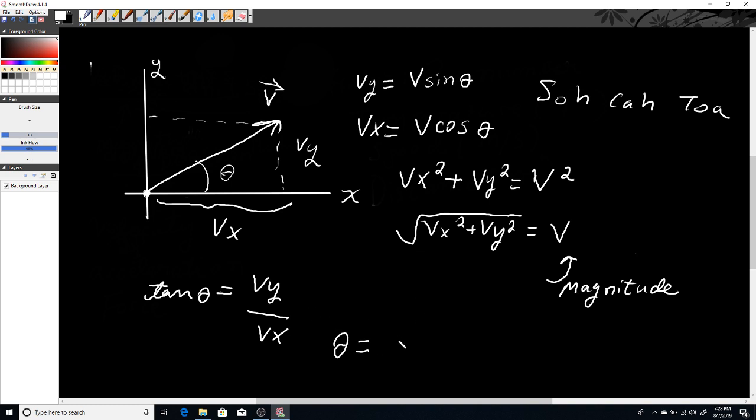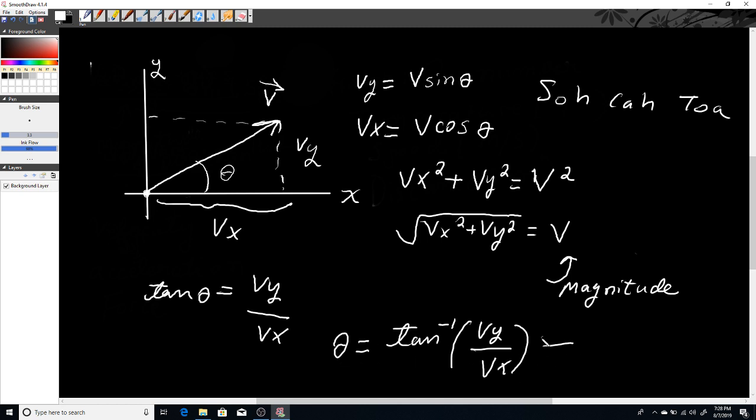But in this case, the angle, which represents the direction in which the vector is pointed at, or like if it represents motion, it's the direction in which that vector is moving. We can say that it's the arctangent of the y component divided by the x component.